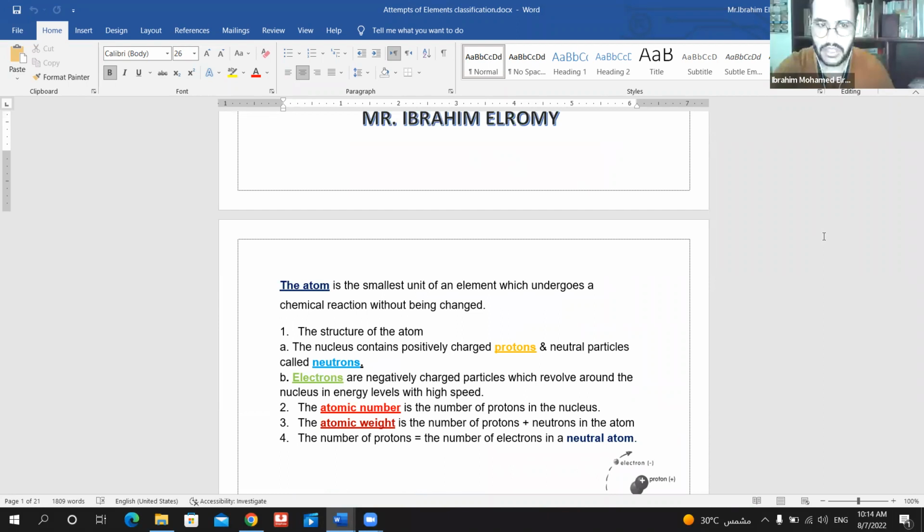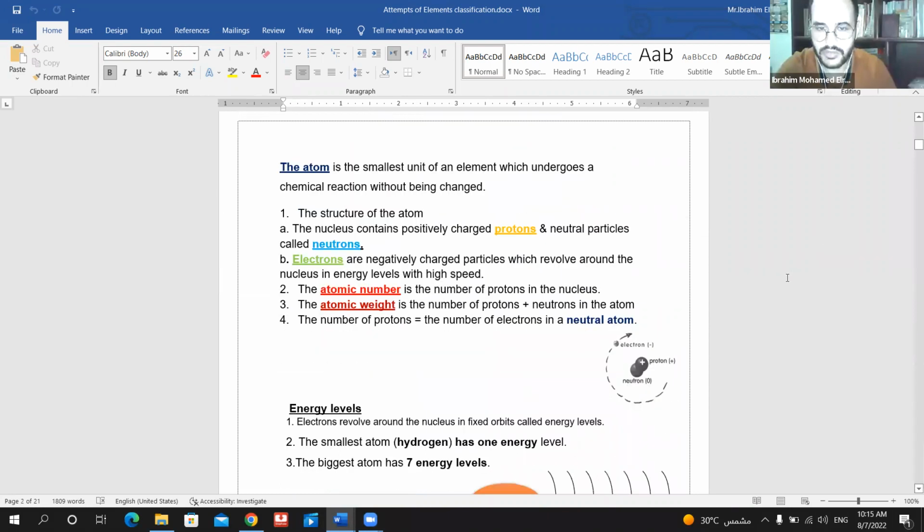The atom consists of electrons in orbits that rotate around the nucleus, and this nucleus contains positively charged protons and neutral particles called neutrons. The atomic weight is the sum of protons and neutrons, and the atomic number is the number of protons in the nucleus, or the number of electrons.